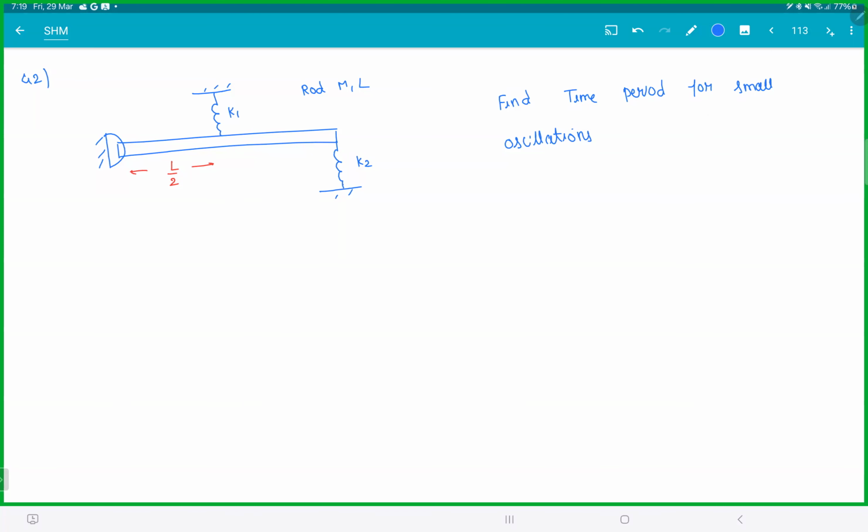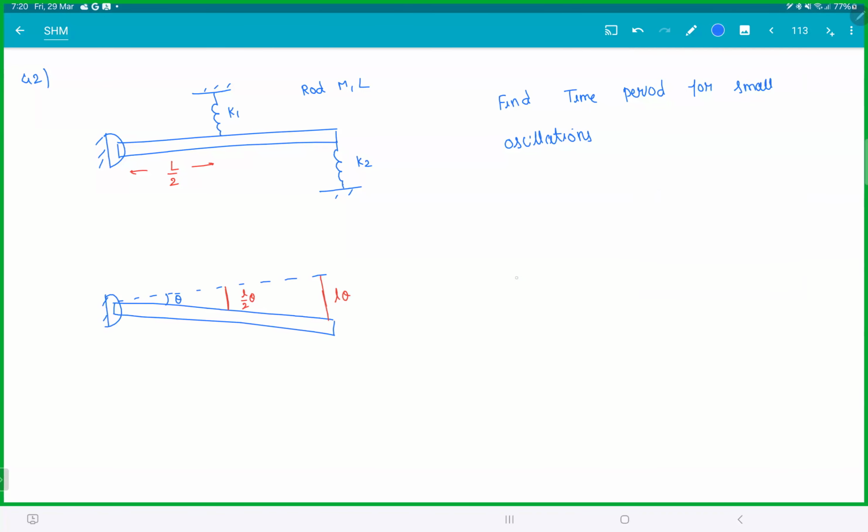See, displace this by theta, small theta. This guy will be L by 2 theta, and this guy would be L theta.